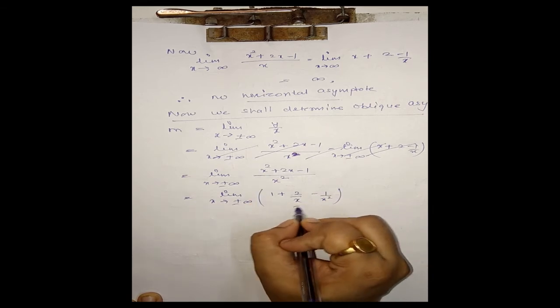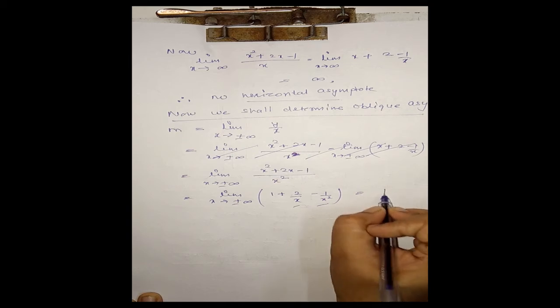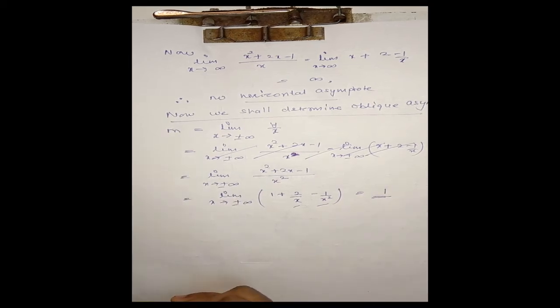On taking the limit, those terms will be 0, so this is equal to 1, therefore m = 1.